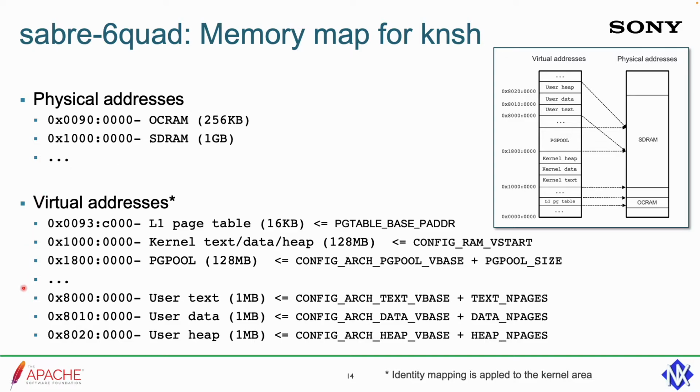In the kernel area, there are an L1 page table, kernel text, data, heap and page pool, whose addresses are the same as the physical addresses. The user text, data and heap are allocated from the page pool, and mapped to different page memory with the MMU.